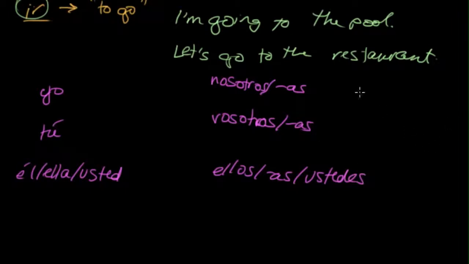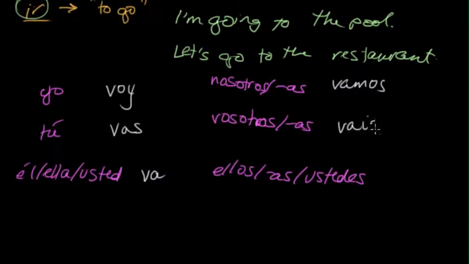Now, as I said, sort of the only remedy for an irregular verb is to memorize the conjugations. So here we go. Yo voy, tú vas, él, ella, usted va, nosotros, nosotras vamos, vosotros, vosotras vais, ellos, ellas, ustedes van.